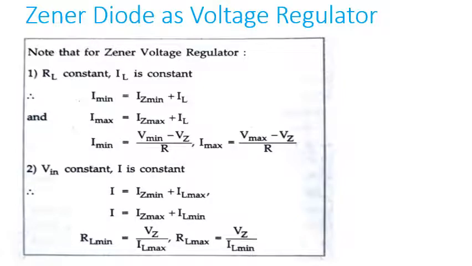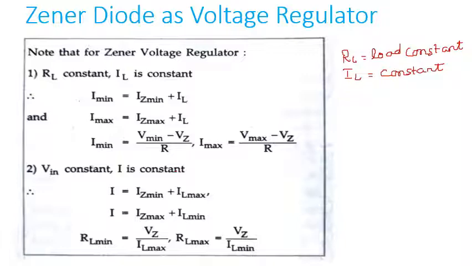Here are some equations to solve the problems regarding Zener diode as a voltage regulator. In the first one, RL is constant, that is load is constant, IL is the load current, IL is constant.